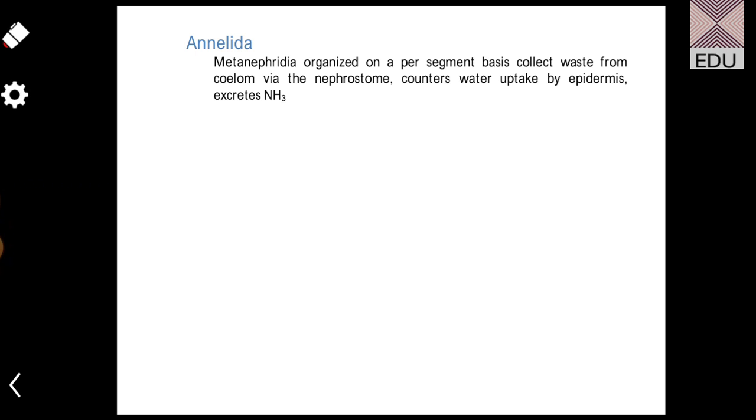Single is called a septum. These septa separate the coelom from each other as far as the segments are concerned. So each segment has its own coelom and own coelomic fluid.